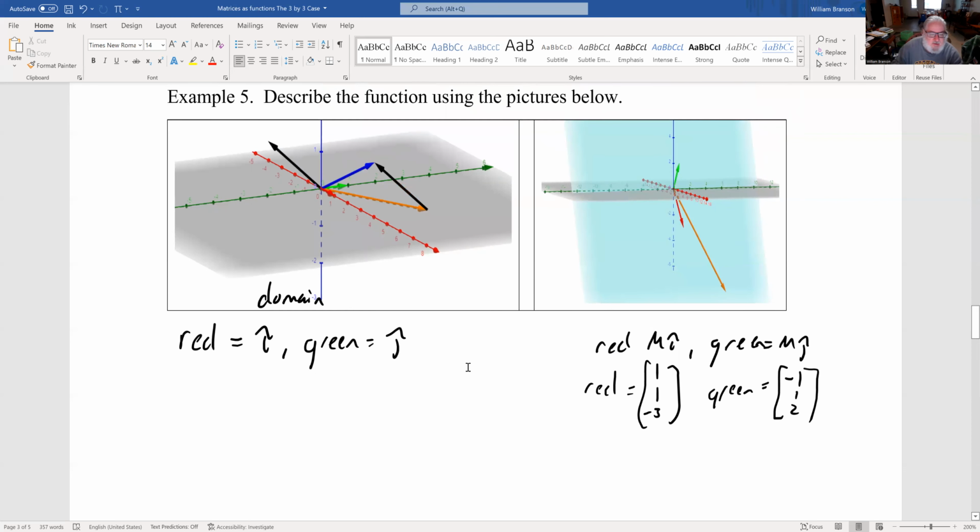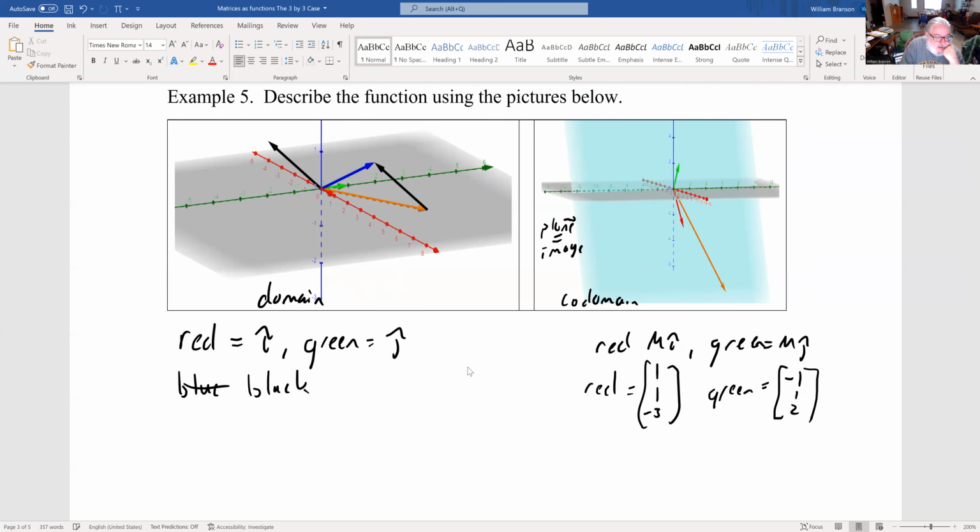Okay, so what's going on here back in the domain? This is my codomain. This plane is the image. So where did our x dimension go? Well, suppose we take some random vector, blue. Oh, I have to explain what black is.